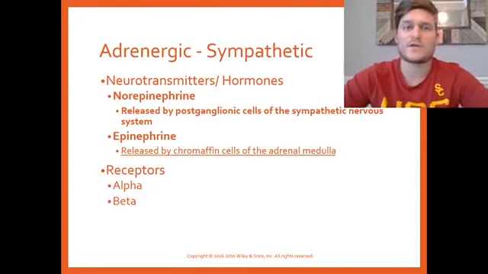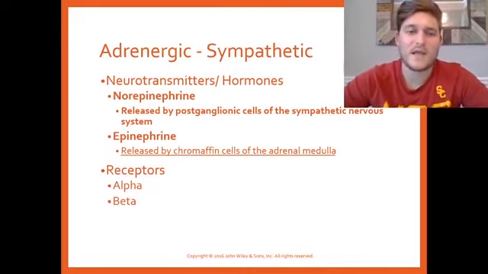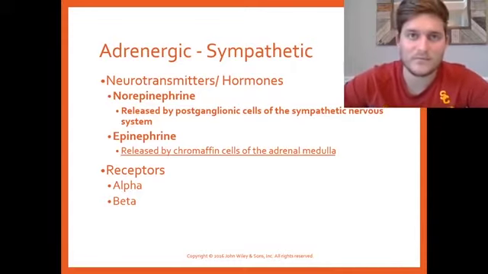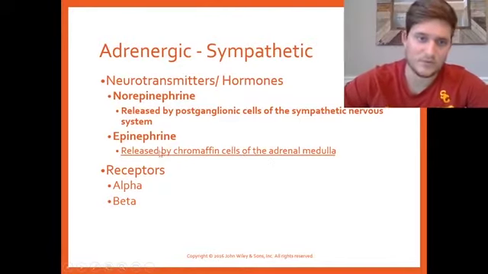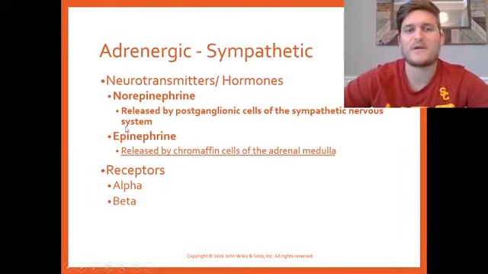The adrenergic neurotransmitters and hormones are again norepinephrine and epinephrine, and we talked about these earlier, but norepinephrine is going to be the neurotransmitter, although it can be made by these chromaffin cells of the adrenal medulla, and then epinephrine is more of a hormone also produced by these chromaffin cells.